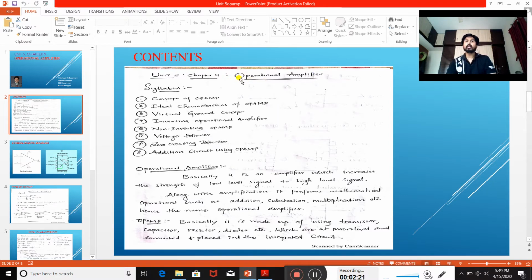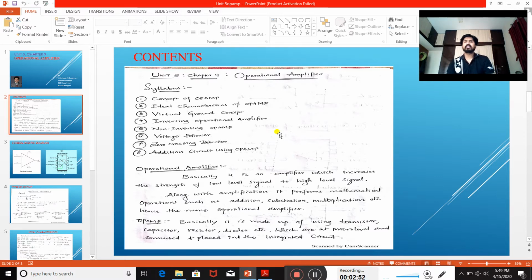In early days, when there were no digital computers, op-amps were used to perform mathematical work. Nowadays, in the digital computer, that work is done with the help of ICs. This op-amp is a chip, an integrated circuit, an IC.